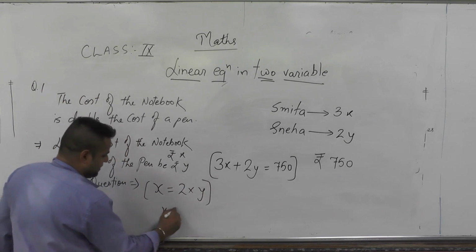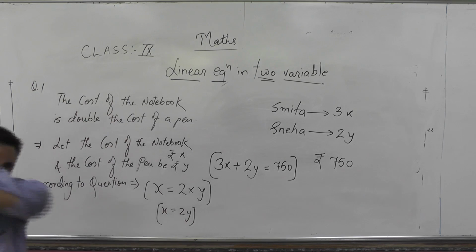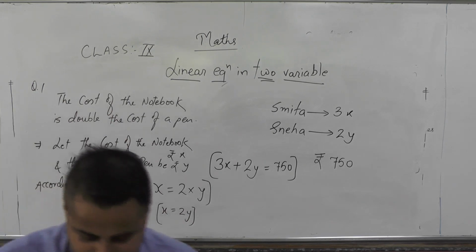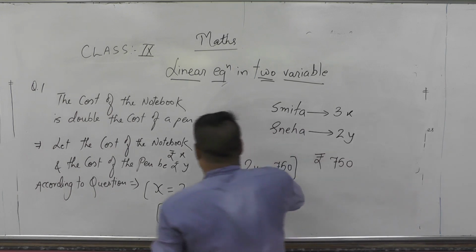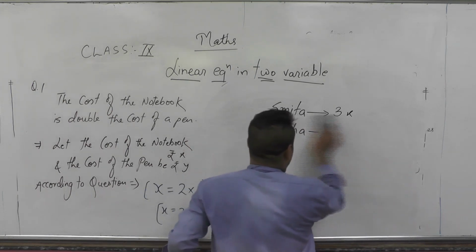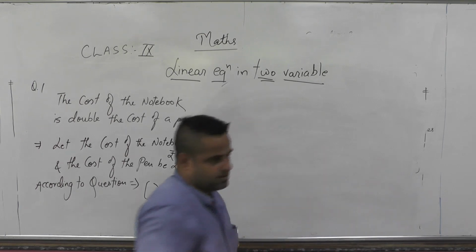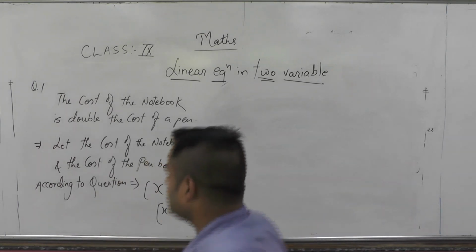Okay, this will show us the linear equation x equals 2y. Now here we can find different solutions for that equation, but I am not solving this. We will take another example. Okay, and with that we can understand how to find the solution.